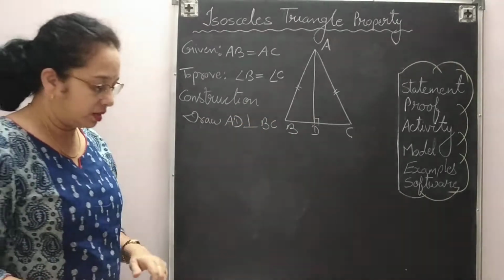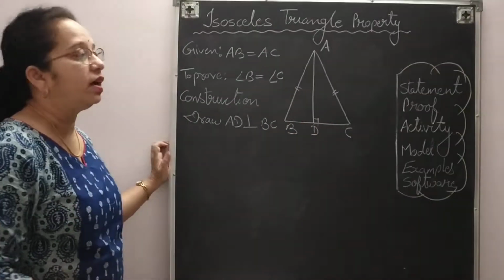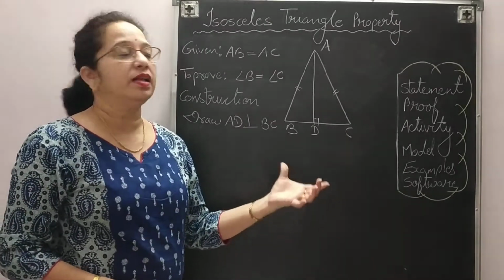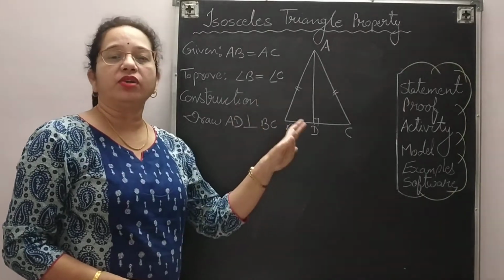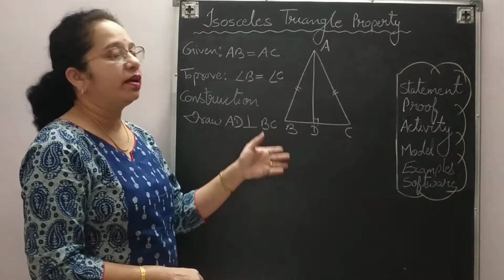This is our construction. Now here you can see that we are getting these two triangles, and here we will use the congruence of two triangles. That concept grade 7 students can understand after completing the congruence topic, but 8, 9, 10 students can understand this thing.